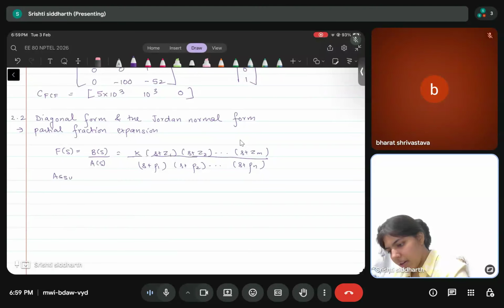We assume that m is less than n, which means it's a strictly proper transfer function.